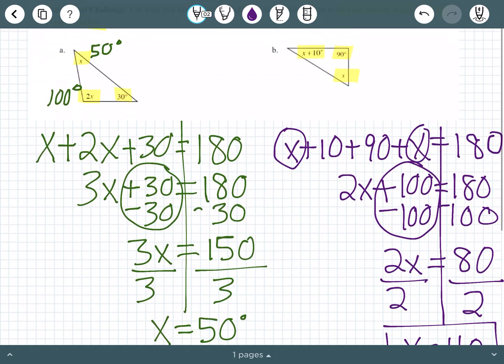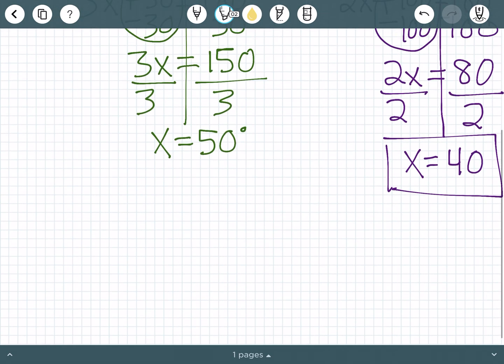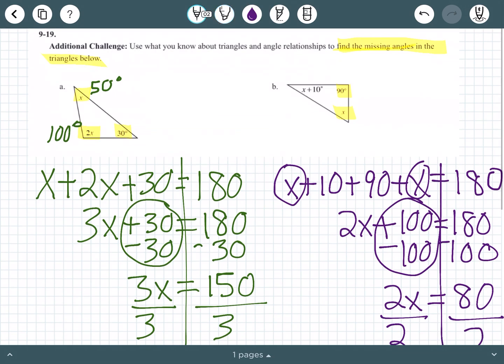Now remember, we're not solving for x. We have to find all of those missing angles. Well, one angle is given, 90 degrees. One is x, and we know we solved for x, and x was 40 degrees.